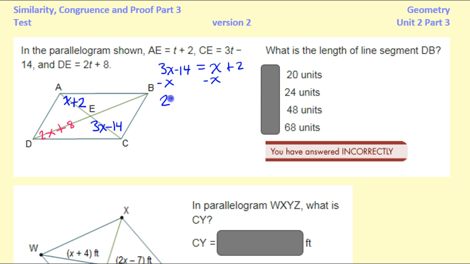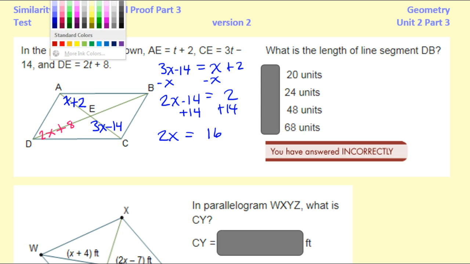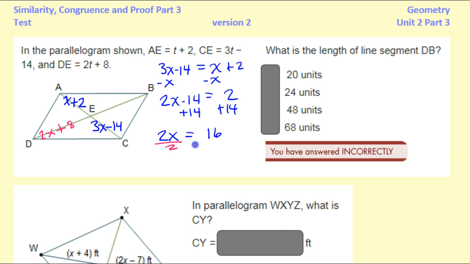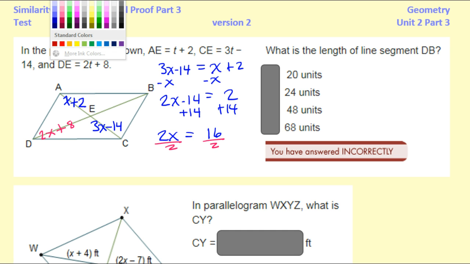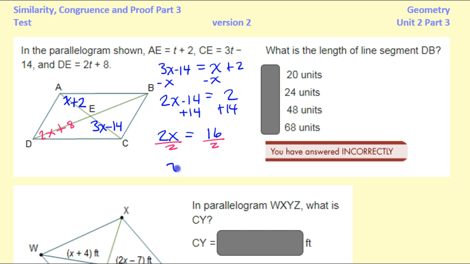That gives me 2x minus 14 is equal to 2. Next I'm going to add 14 to both sides, giving 2x is equal to 16. Then I divide both sides by 2, so x equals 8.